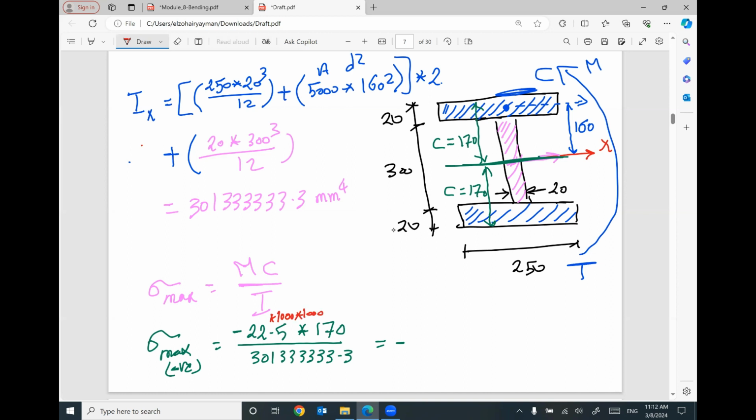So the stress will be negative, -12.7 megapascal or Newton per millimeter square.